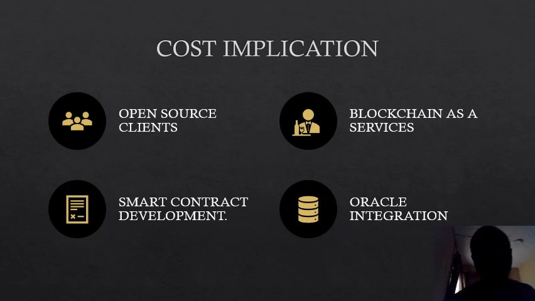So now, cost implication. Getting to the end of this now, for cost implication, you need to consider that in the previous slide, those clients or those softwares, they are actually open source. When I say open source, that means they are practically free. You can download, tweak it to whichever use you want, and then have it hosted in the different nodes of computers you have.